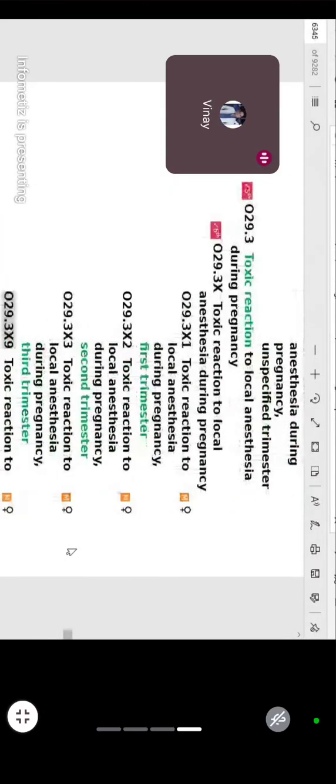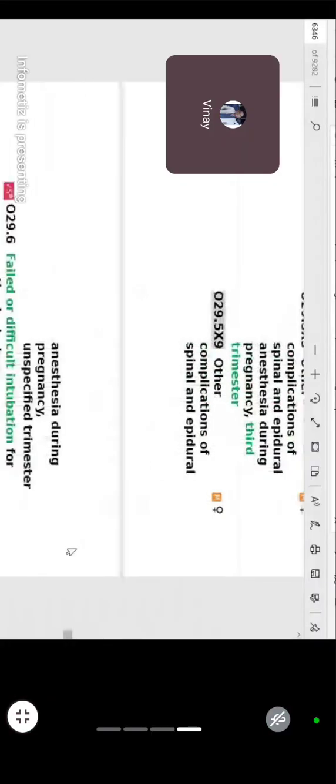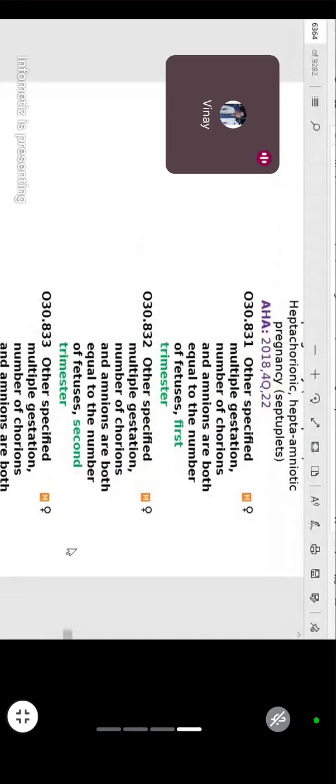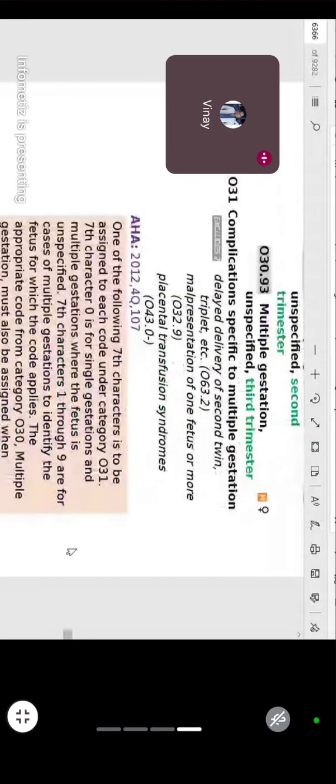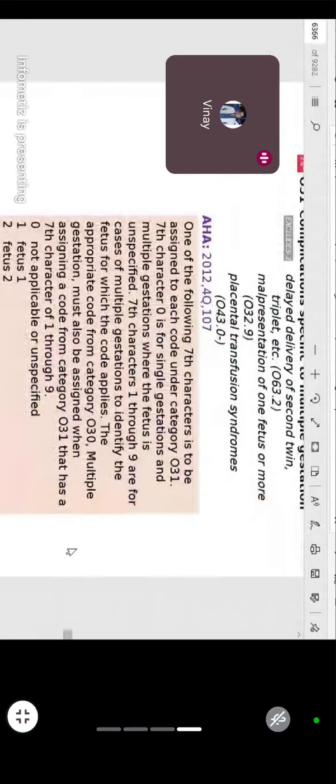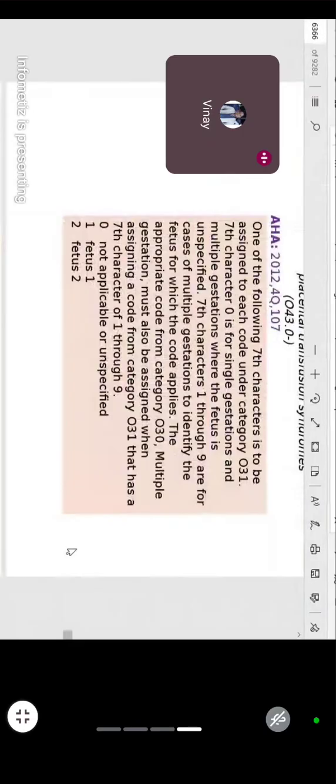Okay. Now let's see O31 series. Complication specified of a multiple gestation. In that, the seventh character is 1 to 9.